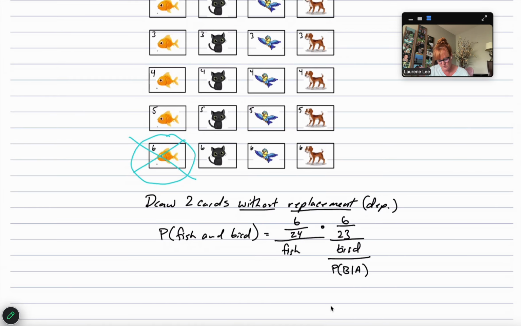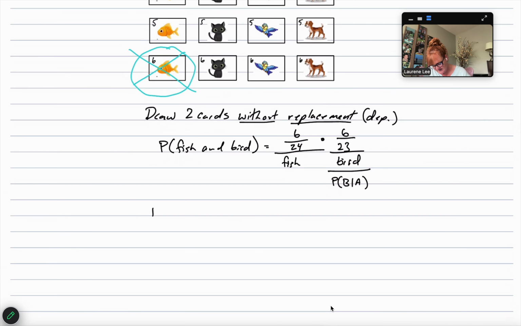So another way I could do this problem is I could say, let's draw 2 cards with replacement. Well, what that means is that when I draw 1 card, I'm going to put it back in the deck. And so the deck's not changed at all. These are going to be independent events.